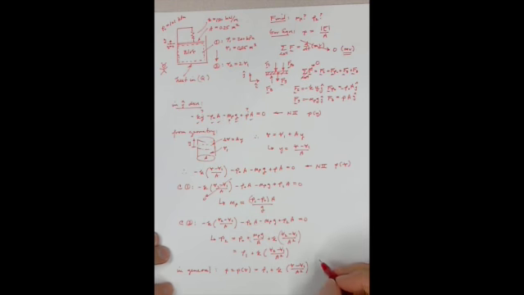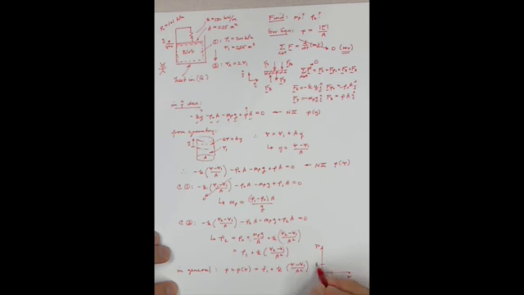So if I wanted to just draw quickly what this looks like in the PV plane, I can see that this is going to look like a line with a slope of K over A squared. And when V equals V1, this goes to 0, and P will be equal to P1, which is what I want.